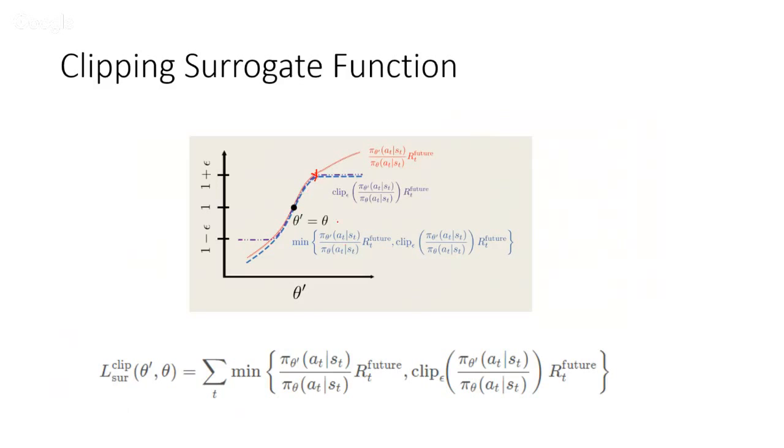After this point, the actual surrogate function value might go beyond 1 plus epsilon, but since you are using min, the objective function will look at this value and say, okay, I have reached my max value, and the update will stop. So that's why we are using this. So this is a new surrogate function, the clipped surrogate function. Instead of just using the actual surrogate function, we use the clipped surrogate function.